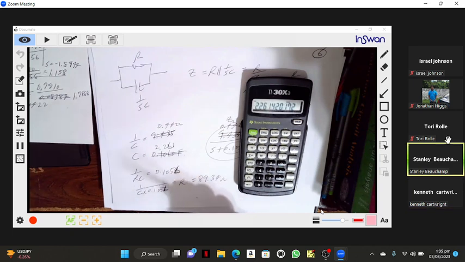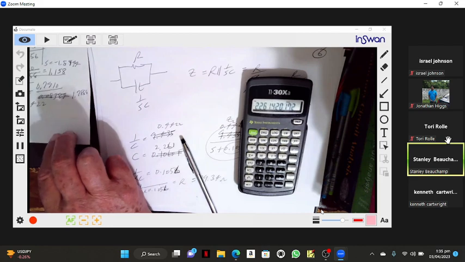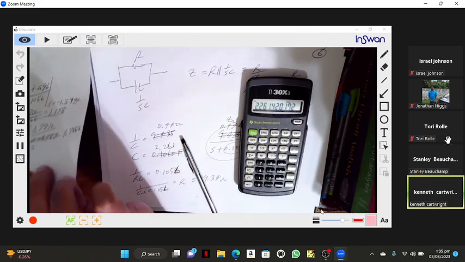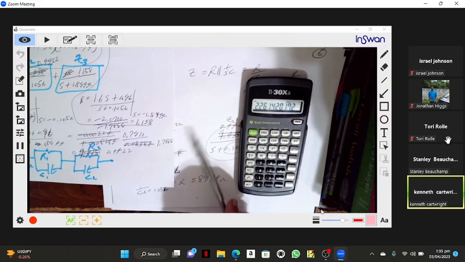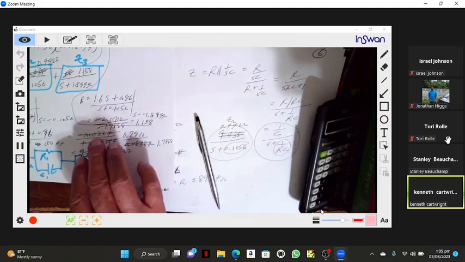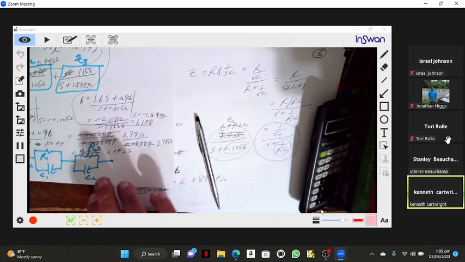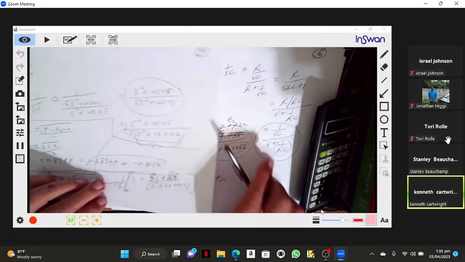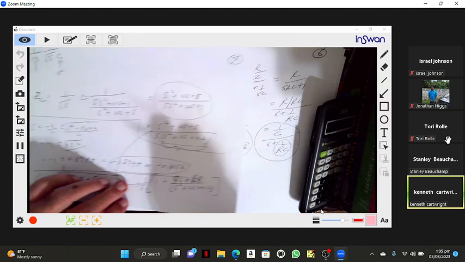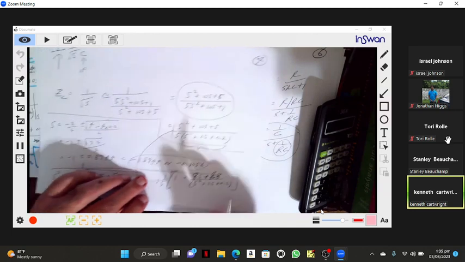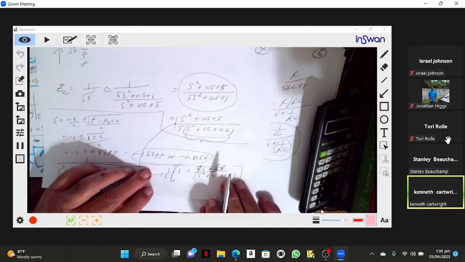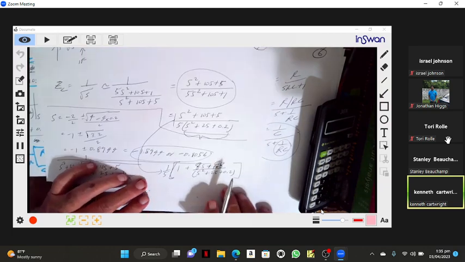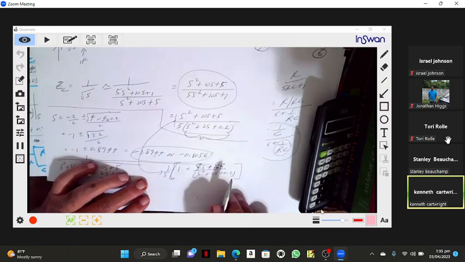All right, here's the deal. I don't want to rush through this. My time is gone, so here's what I want you to do. I want you to find the partial fraction expansion of this.